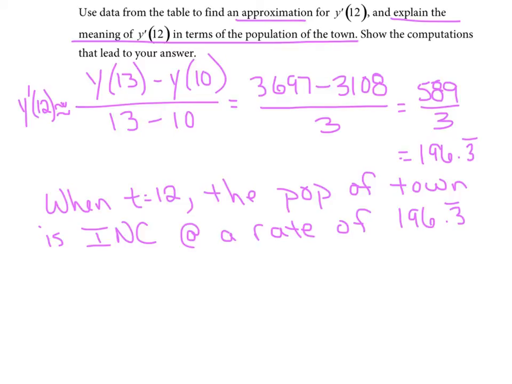At a rate of 196.3 people per year. Bingo. And I should probably incorporate the word approximately. At approximately, we'll squeeze that in there somewhere, a rate of 196.3 people per year.